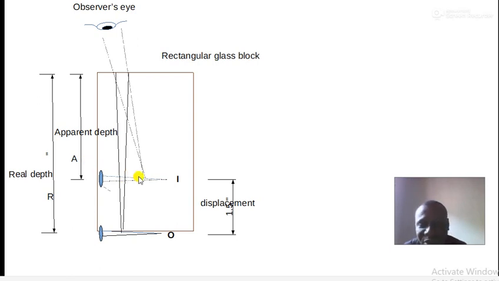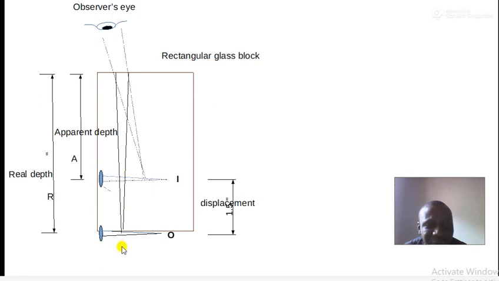As simple as it is, learners should be able to explain this. So to summarize, suppose a ray of light is taken from point O and travels from medium 1, which is glass. On reaching the boundary separating air and glass, it bends away from the normal.